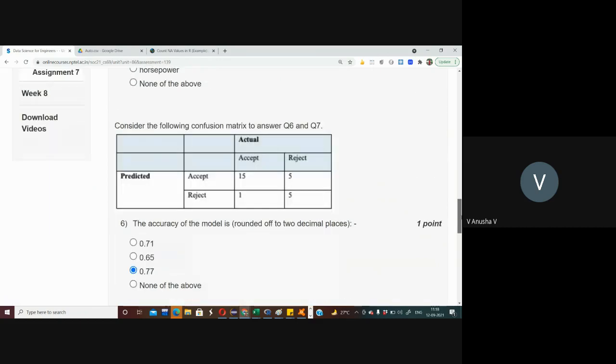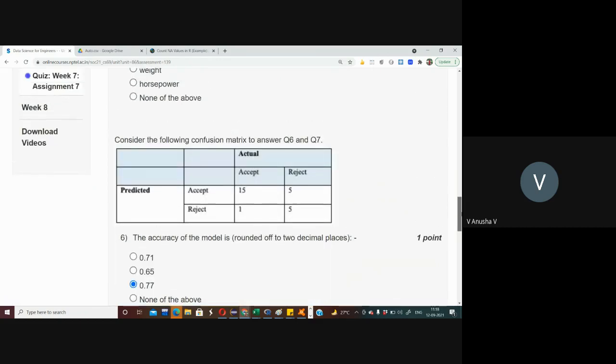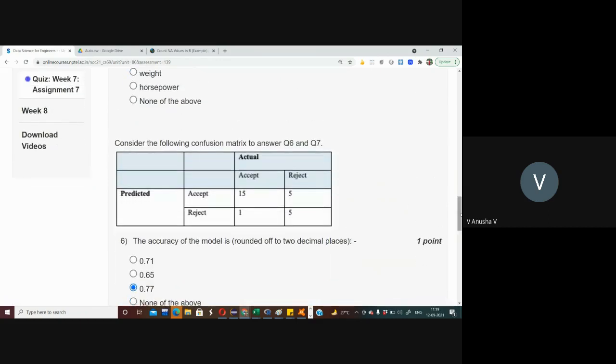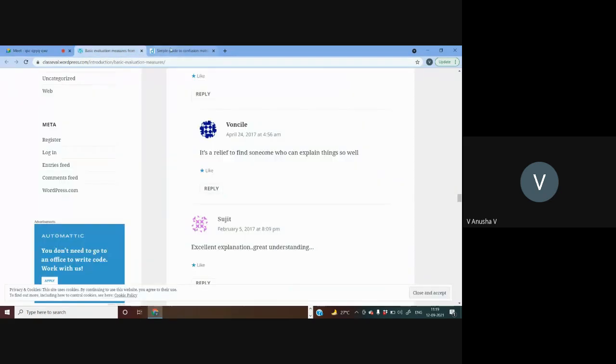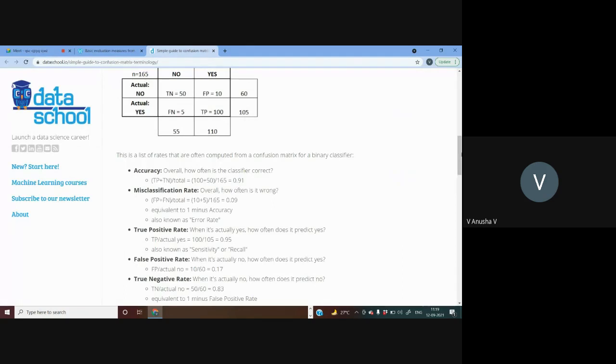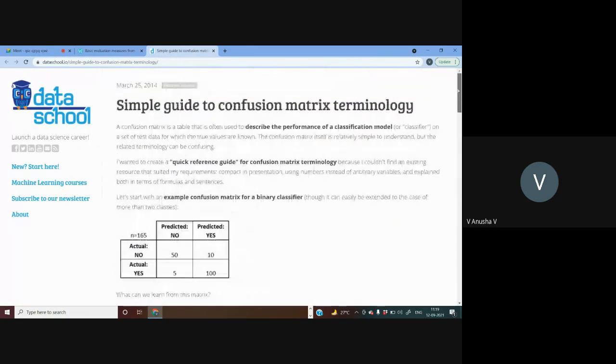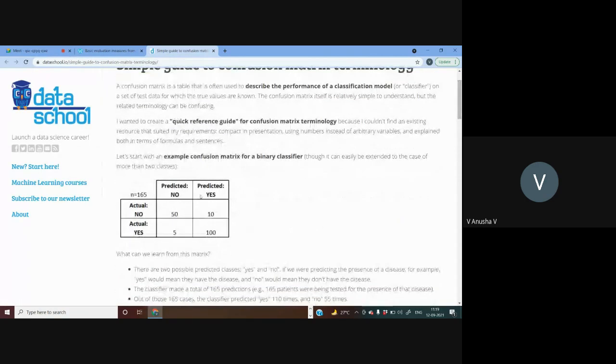Next coming is the confusion matrix question. Before coming to this question, let's know a few things regarding the confusion matrix. Actually, the confusion matrix will have four values.